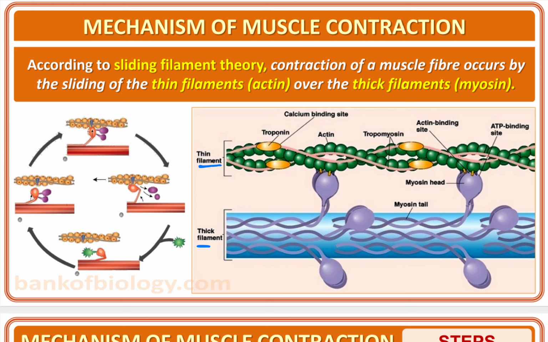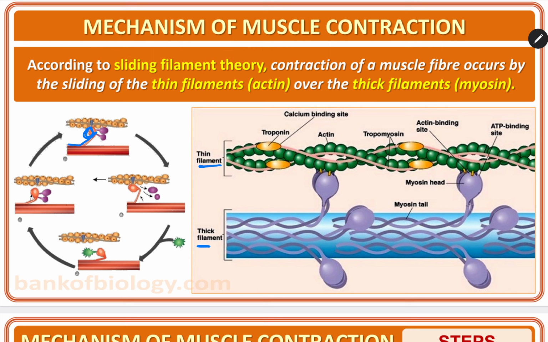See the diagram. Here you can see it is connected like this, and at the calcium binding sites on the thin filaments, the myosin head is connected here, and then you can see it moves.